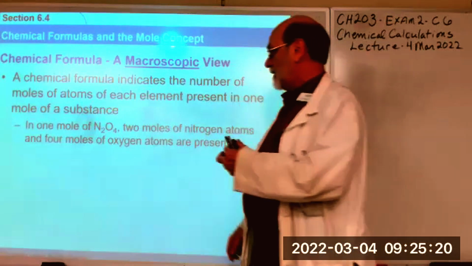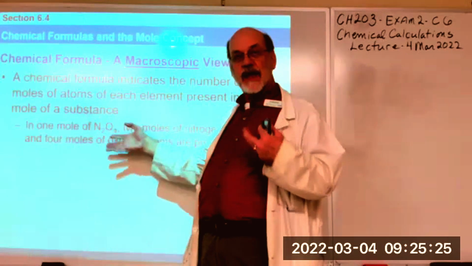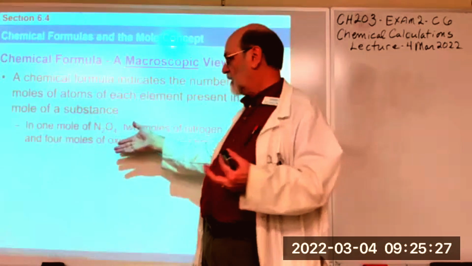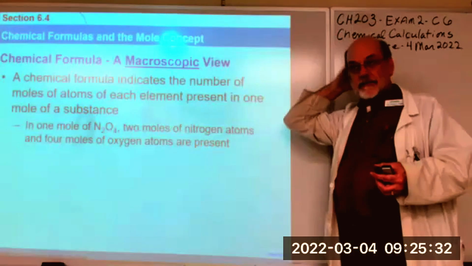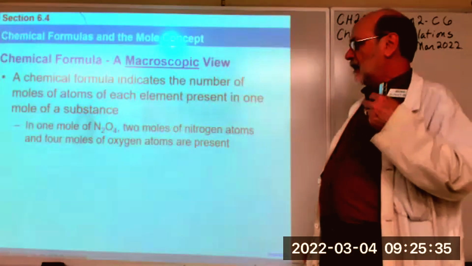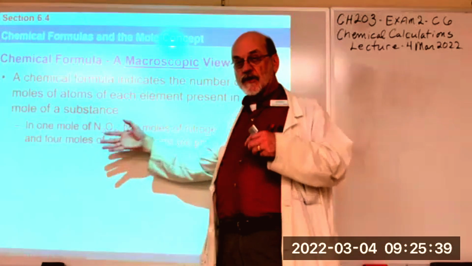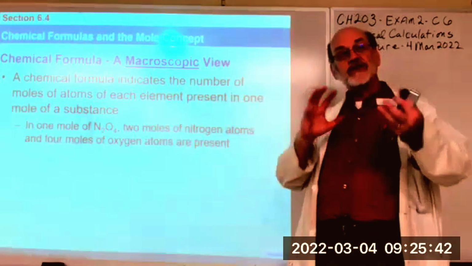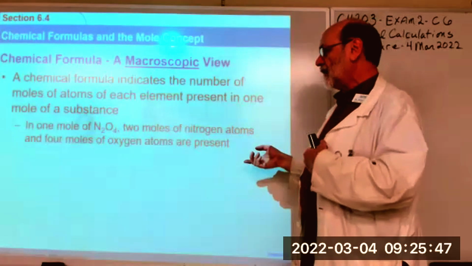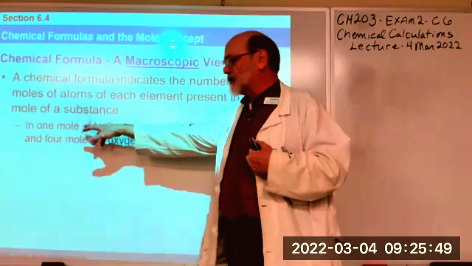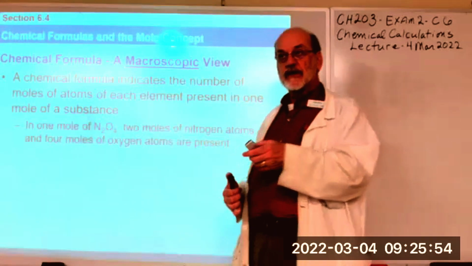And the coefficients tell us either how many molecules there are, reactant or product, whatever the case may be, or how many moles there are. It's valid for either. And since numbers of molecules and moles of molecules are still numbers and their ratios in that balanced equation, that coefficient means the same thing, whichever interpretation you want.